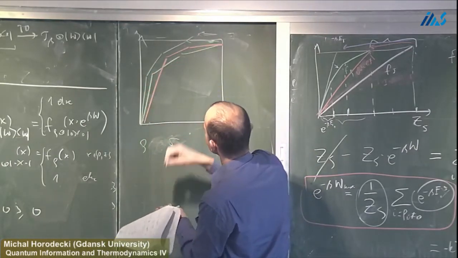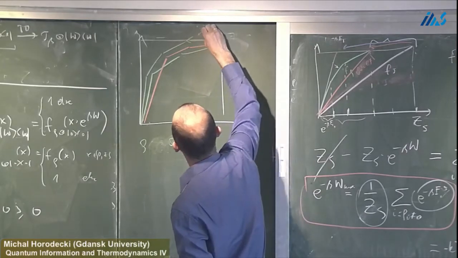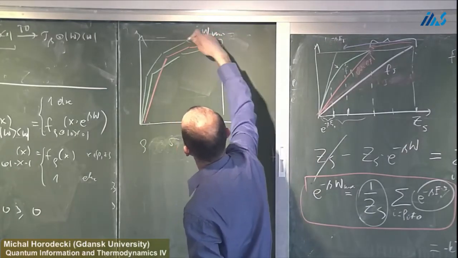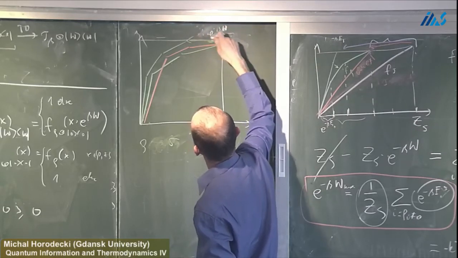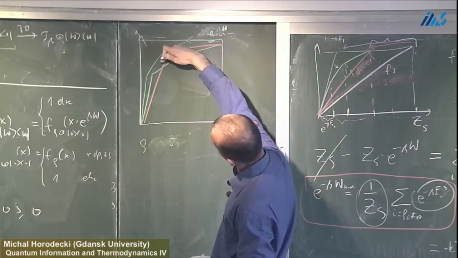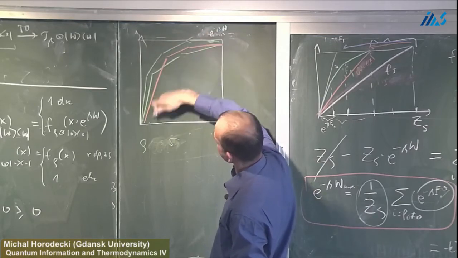So you have to compute the minimal work. It's really e^(-βW), the minimal W, so that this gives the diagram that's above the original diagram.